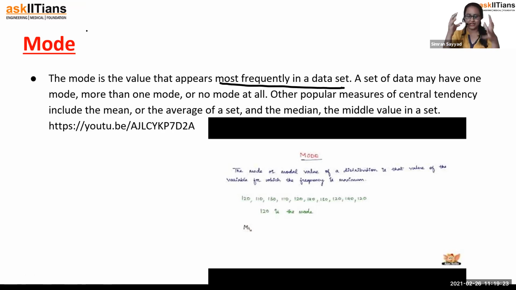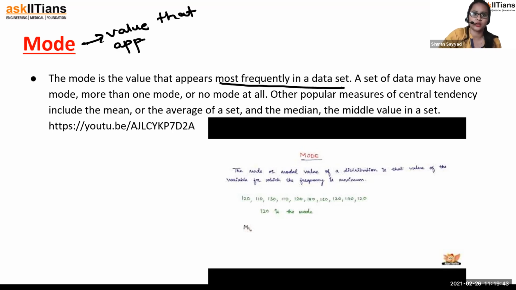Suppose you have data in front of you, and the value which appears again and again is called the mode, which occurs most frequently. The value that appears most frequently.